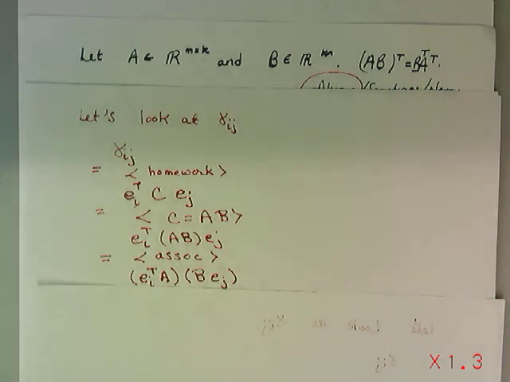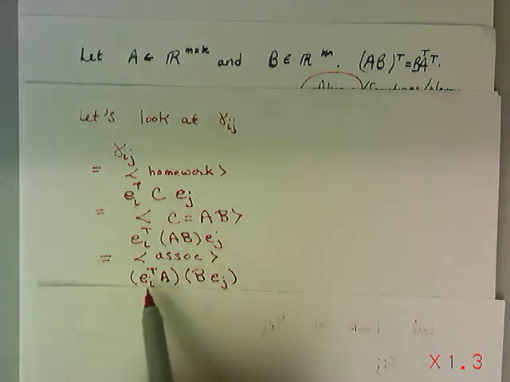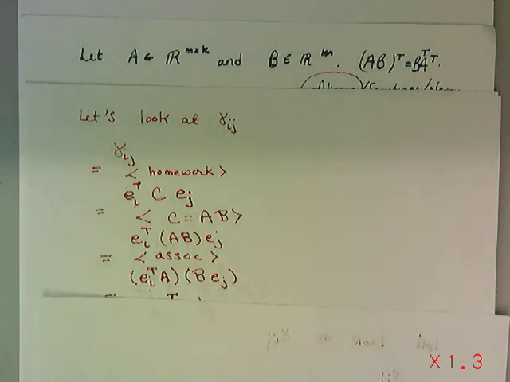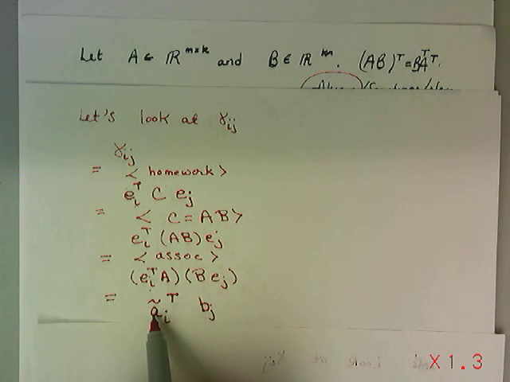Well, the first product here is the ith row of A. And the way we represent the ith row of A is by a sub i twiddle transpose. Again, how do we know this?